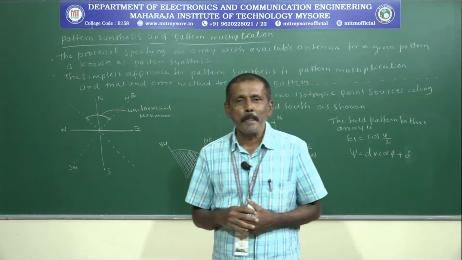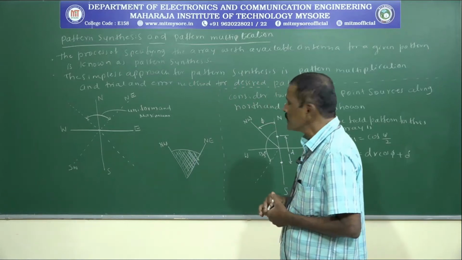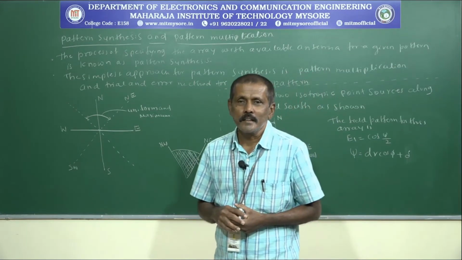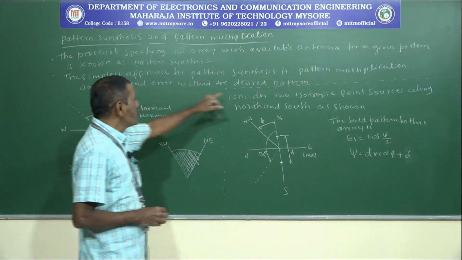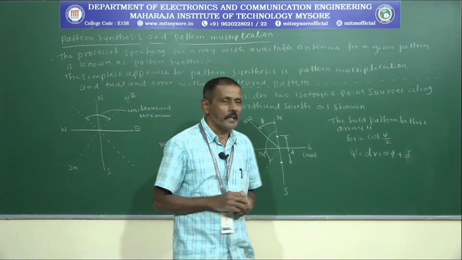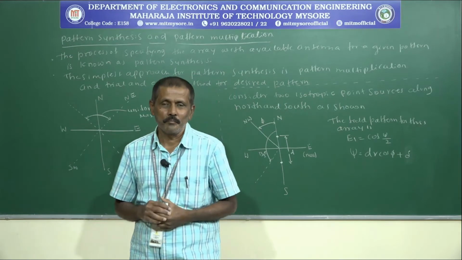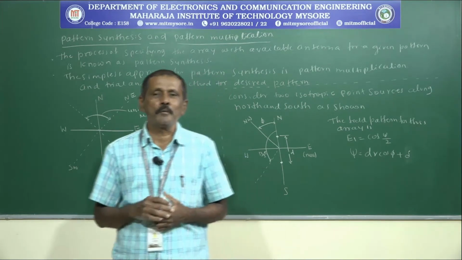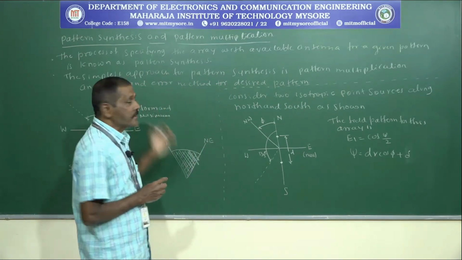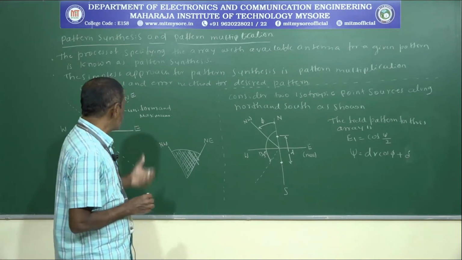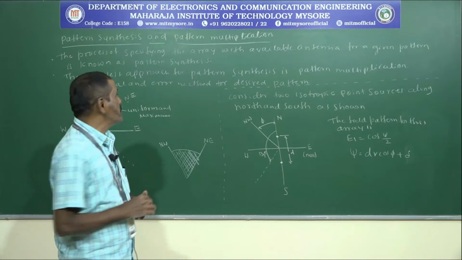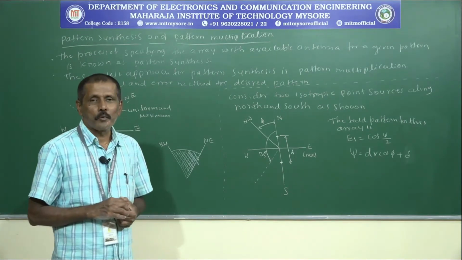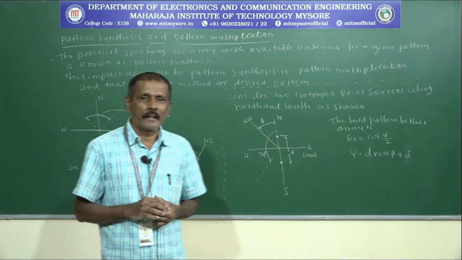The simplest approach for the array synthesis is the pattern multiplication, and the second one is the trial and error method for the desired pattern. The overall meaning of pattern synthesis is that you can specify the desired pattern by specifying the arrays with the available antennas.